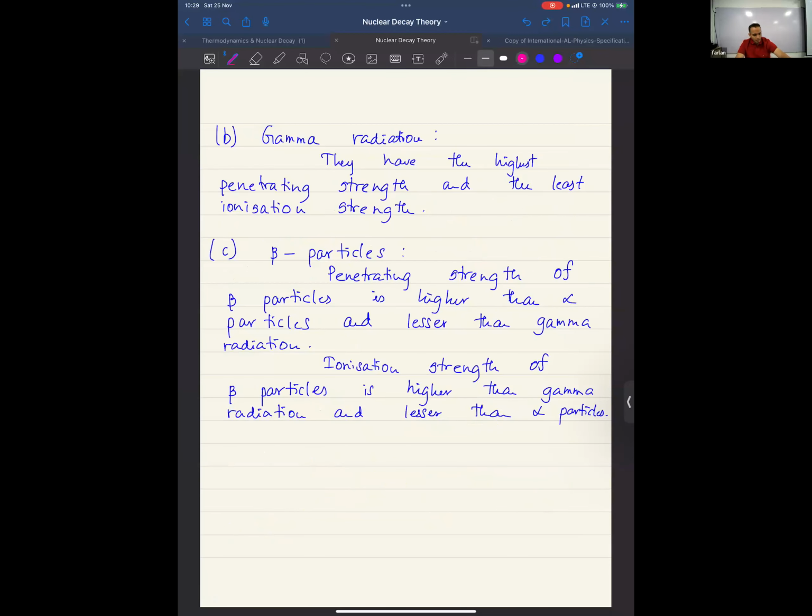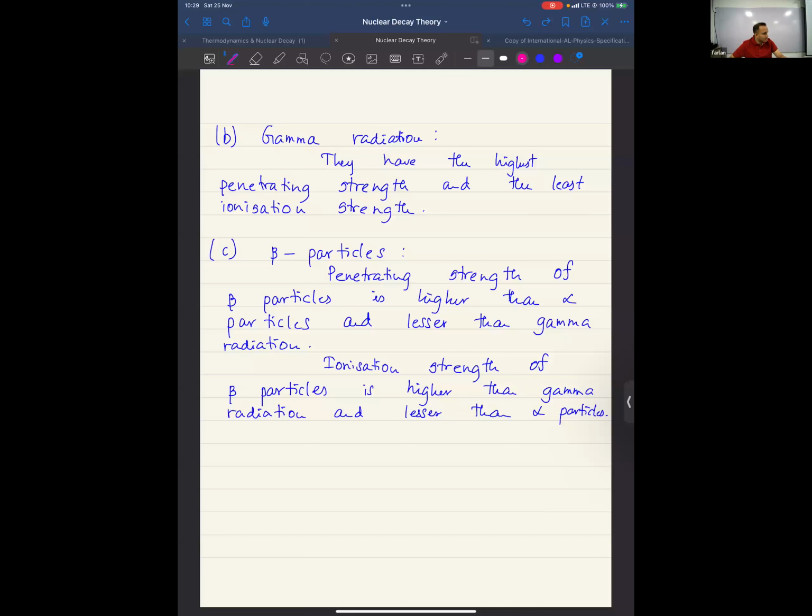Part C, beta particles. Okay, so guys, beta particles have a penetrating strength more than alpha, but less than gamma.